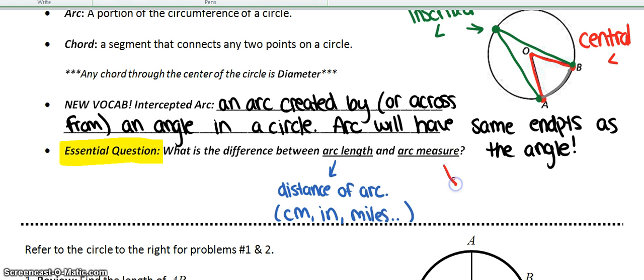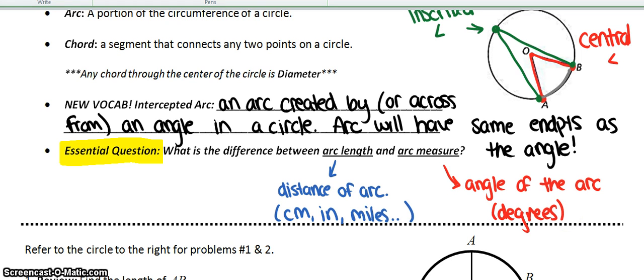Whereas arc measure is the angle of the arc. So the angle really tells you how wide the arc opens up. It tells you the size of it in a different kind of way. So this you would measure in degrees.